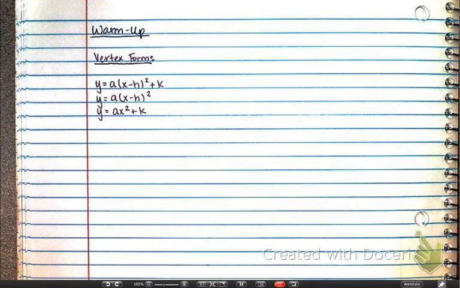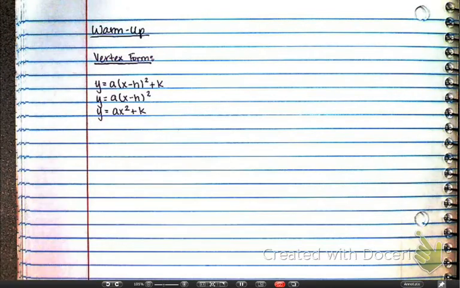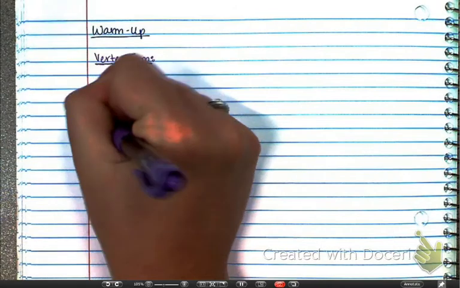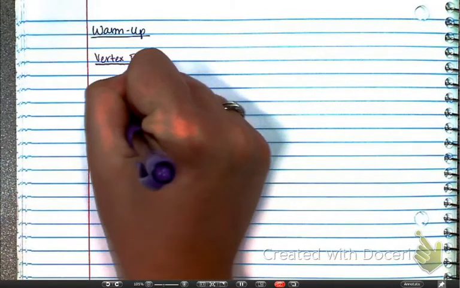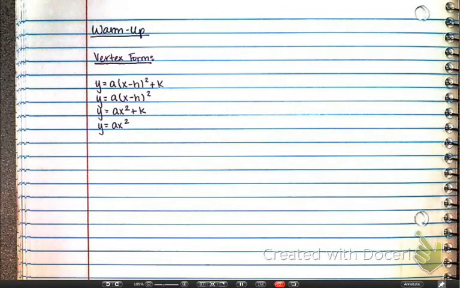What's missing? The h, which means your x value is 0. It tells you what your y value is. It could also look like this. What's missing? H and k, which means your x and y values are 0.